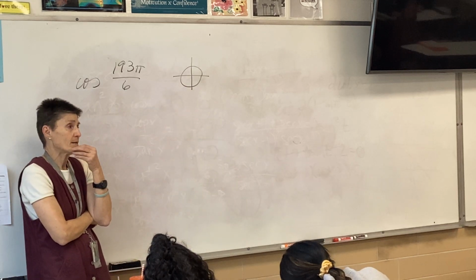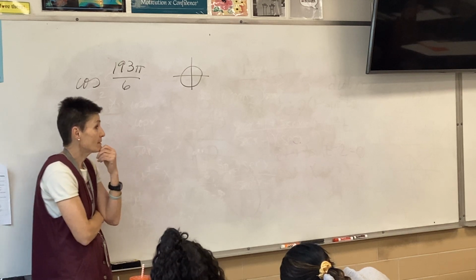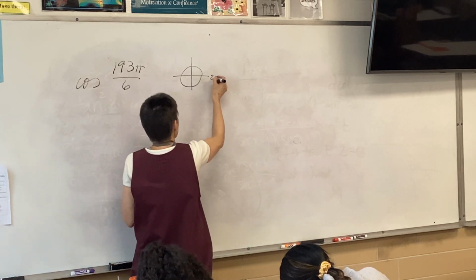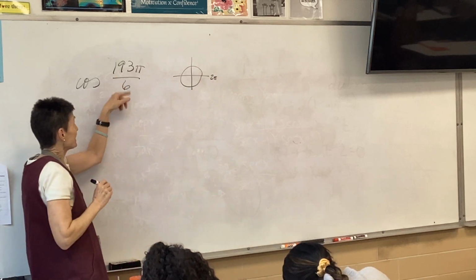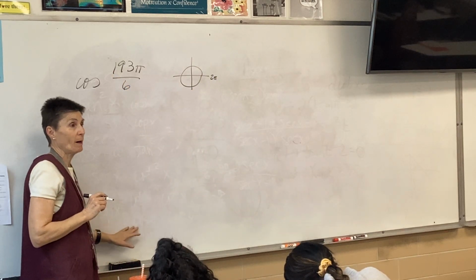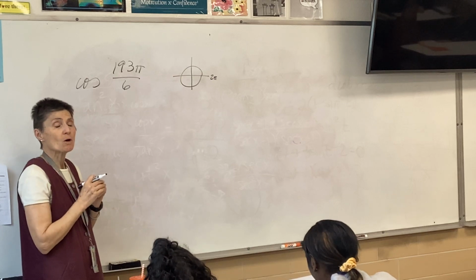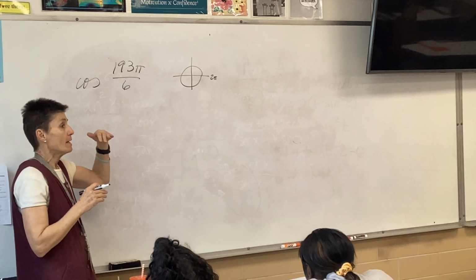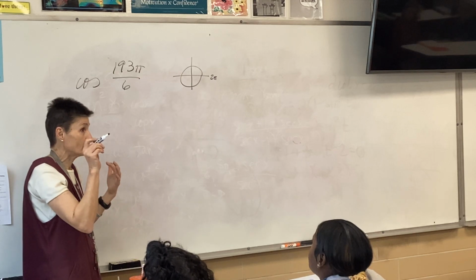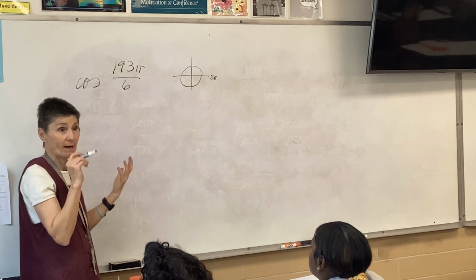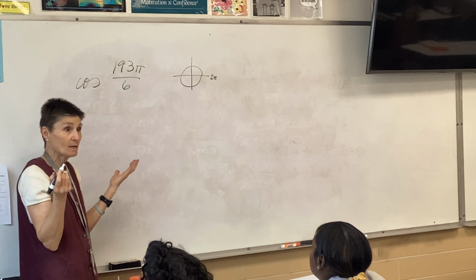What is it in radians? 2 pi. So all the way around is 2 pi. Is that number bigger than 2 pi? Yes. So this angle actually represents spinning around and spinning around and spinning around. Would everybody agree with that?